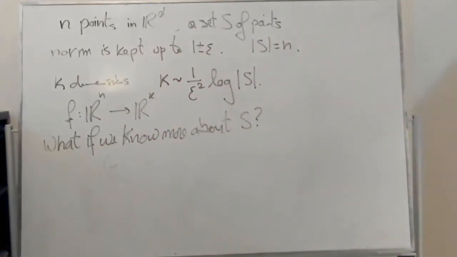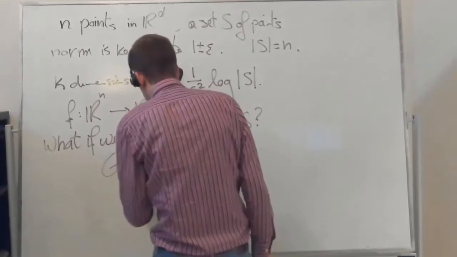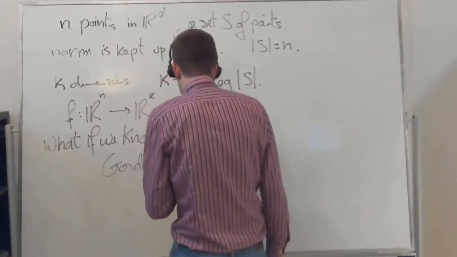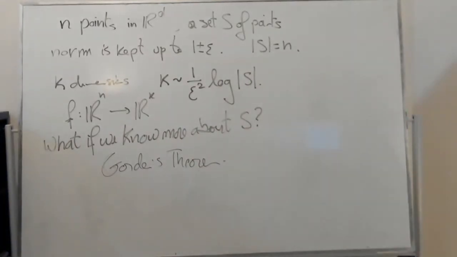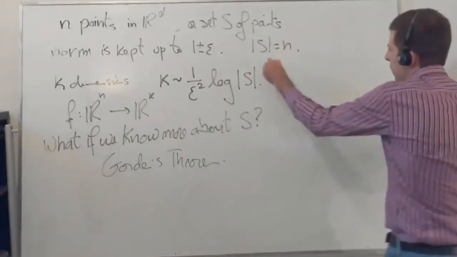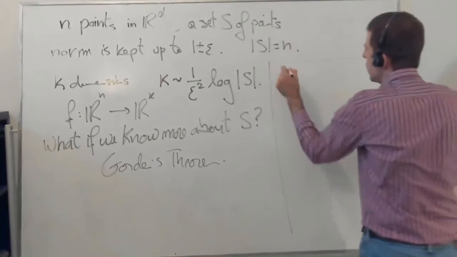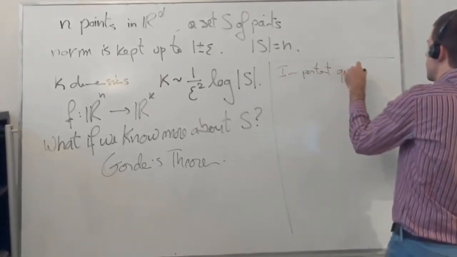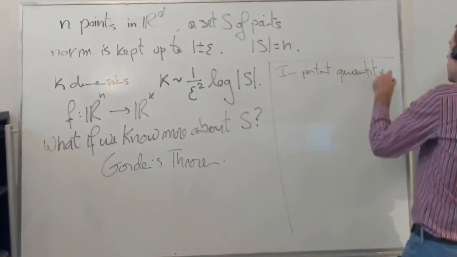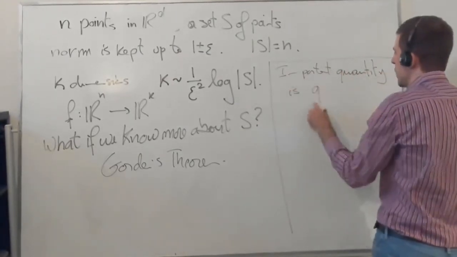Gordon's theorem will be very well suited to answer this question. Essentially what it will say is that the important quantity is the Gaussian width of S.